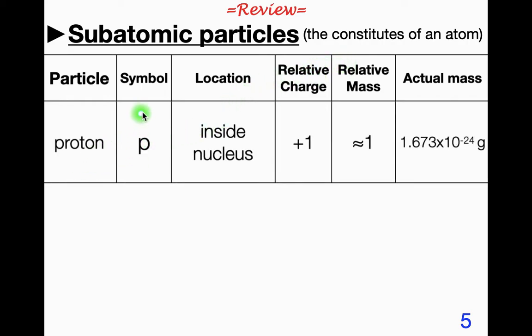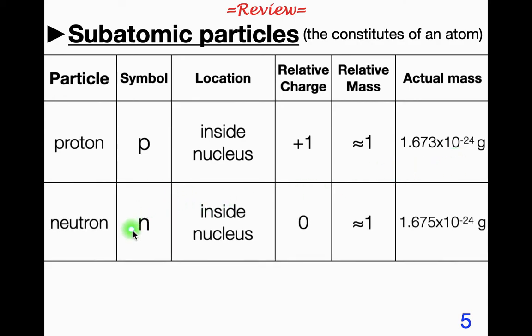The proton is given the symbol lowercase p, and it's found inside the nucleus. It has a relative charge of +1, a relative mass of almost 1, and the actual mass of 1.673 times 10 to the negative 24 grams. The neutron, symbol lowercase n, it's also found inside the nucleus.